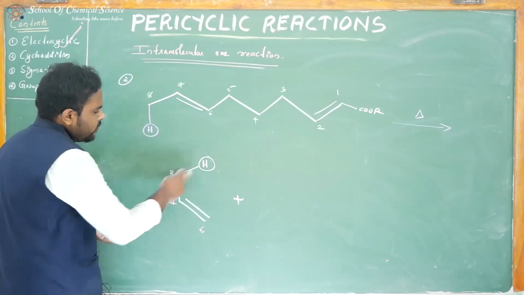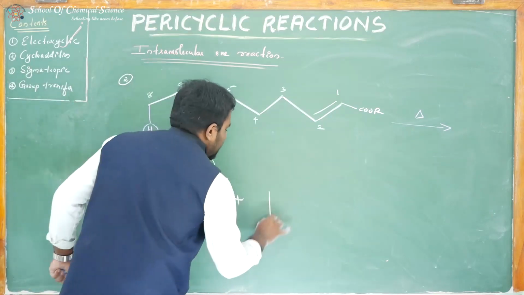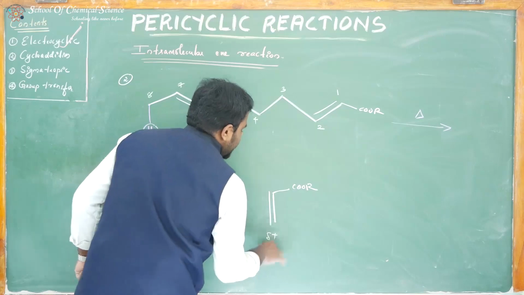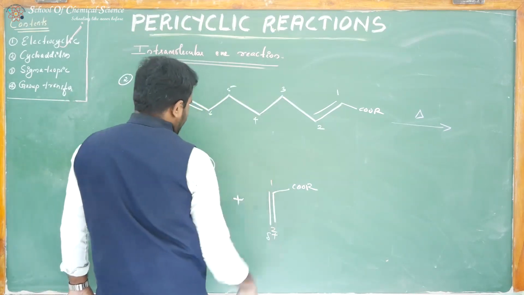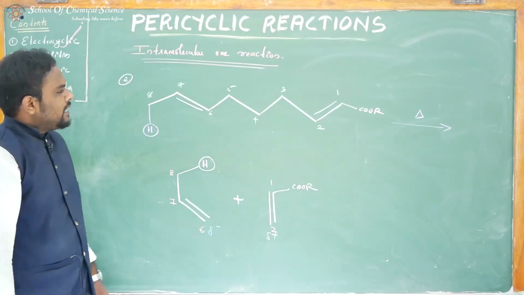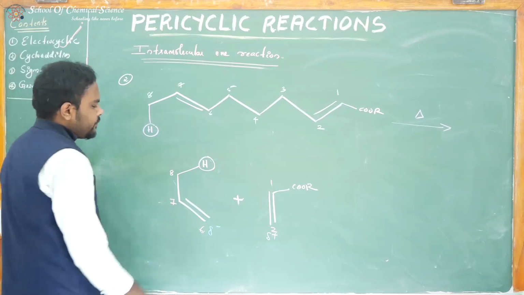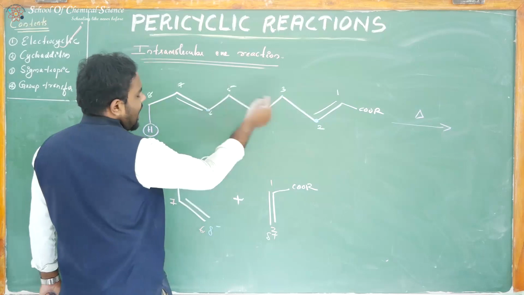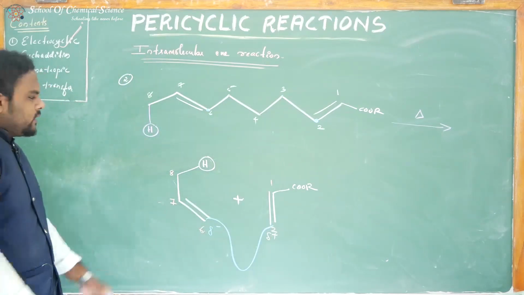With respect to this hydrogen, there is negative density, so that will interact with the positive density. COOR has the positive charge, and this is 2, this is 1. Then what will be the ene reaction? Between 6 and 2, a carbon chain is there, that we can fill later.